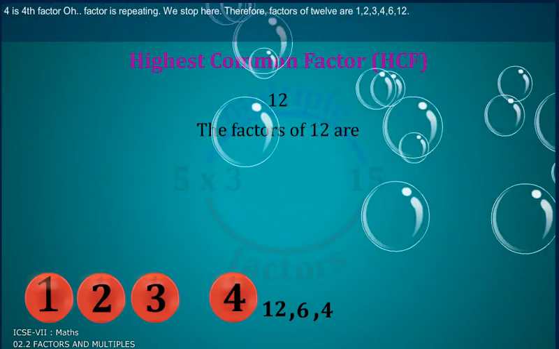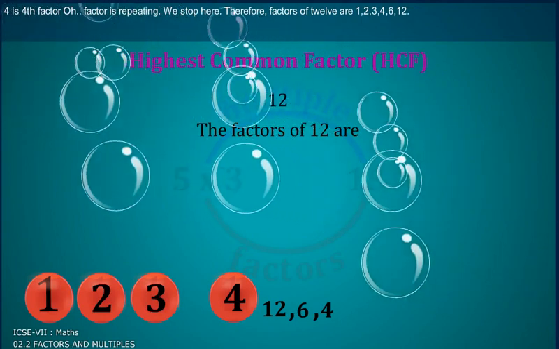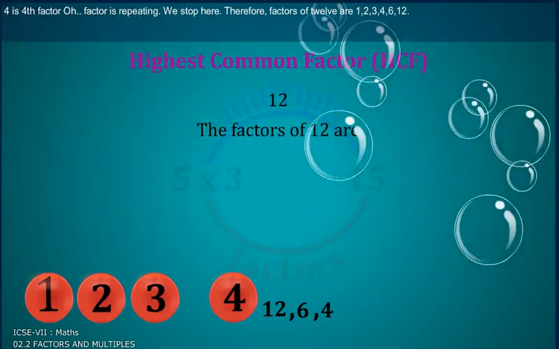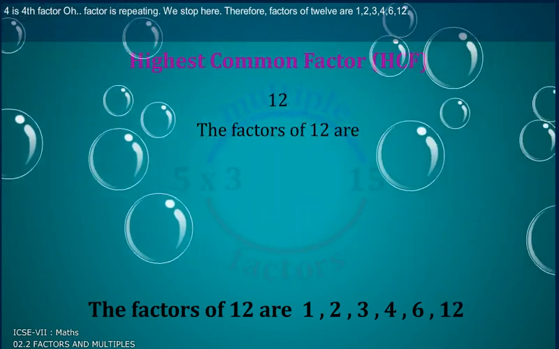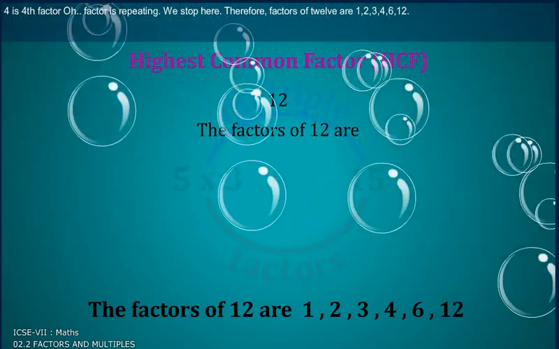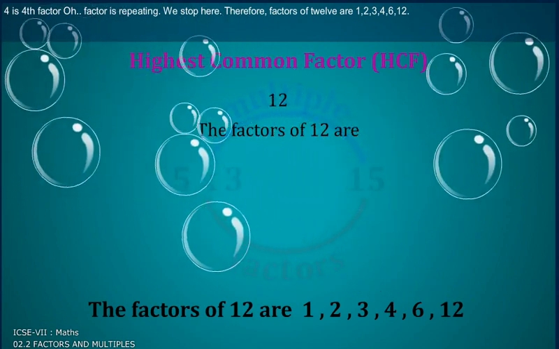Oh, factor is repeating. We stop here. Therefore, factors of 12 are 1, 2, 3, 4, 6, and 12.